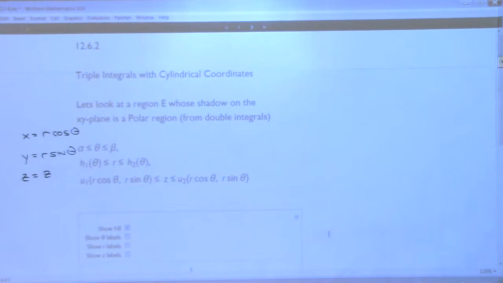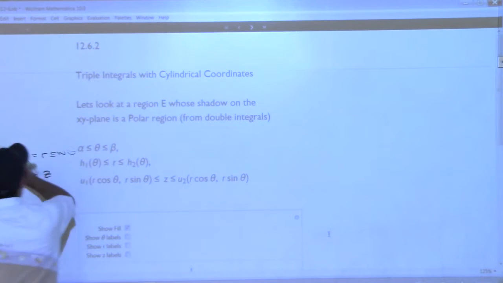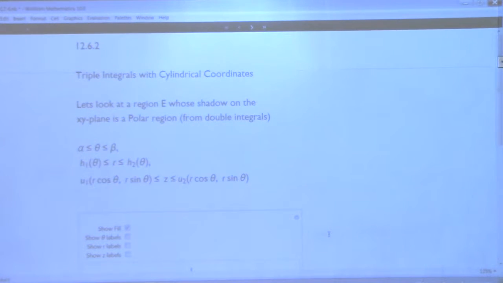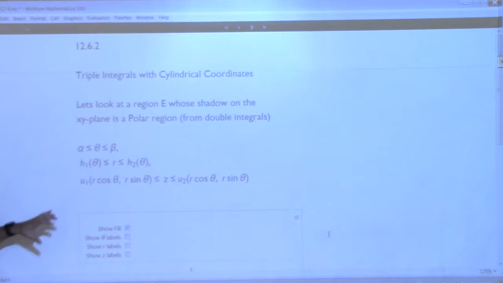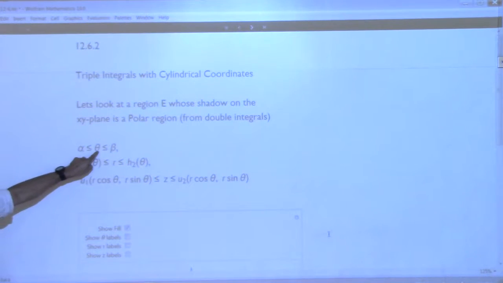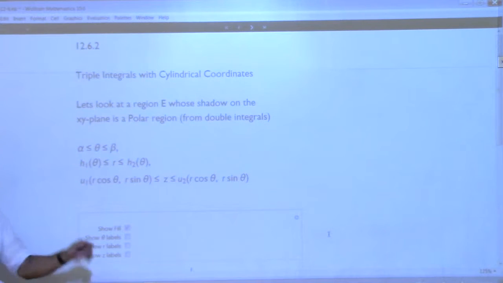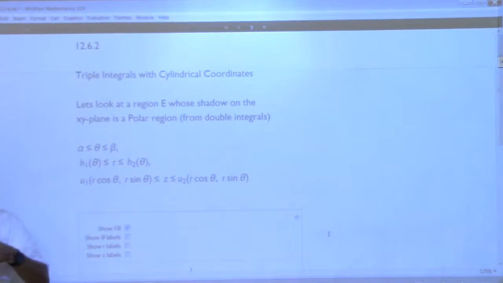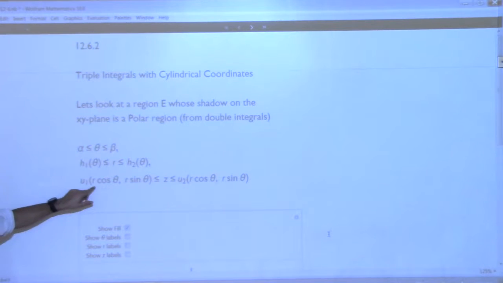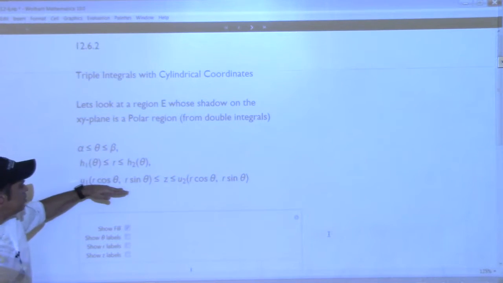When we're looking at a triple integral and the region of integration, that E, that solid, then in cylindrical coordinates, what will it look like if our theta varies between 2 constants? Our radius is between 2 functions of theta, so how far I go out is between 2 things. And how far I go up, that's my Z, is between 2 more.